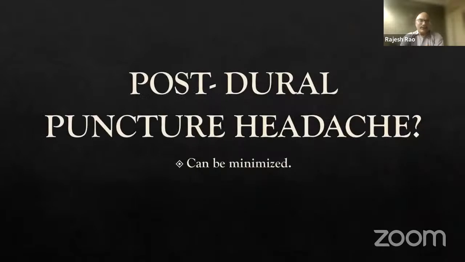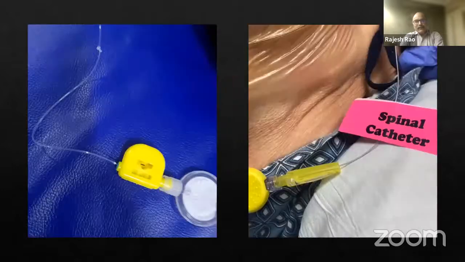Now, what about post-dural puncture headache? This can be minimized. What we can do, and this is for the safety thing also I'm saying, is once you finish the surgery, I knot the catheter twice, label it as a spinal catheter, and keep it for 24 hours.